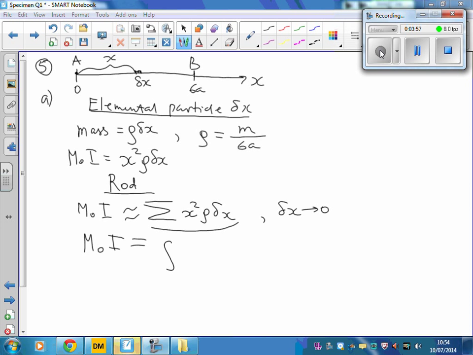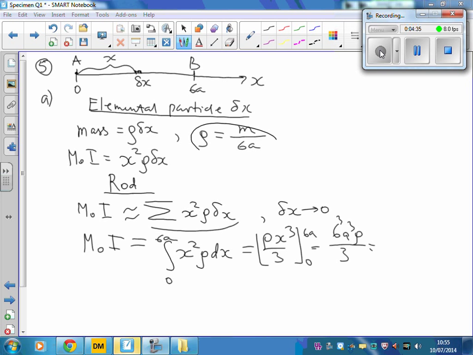On the other hand, the limit of this sum when delta x tends to 0 is given by the definite integral, with the limits of summation from 0 to 6a, or the limits of integration, and the expression we're going to integrate is x squared ρ delta x. Now we can integrate. The result of integration is ρ x cubed over 3, with limits from 0 to 6a, and that gives us 6 cubed a cubed ρ over 3.